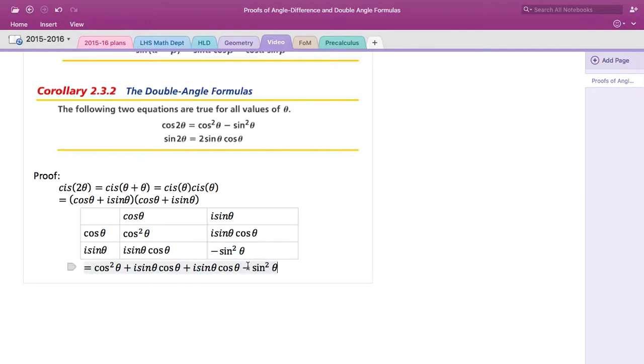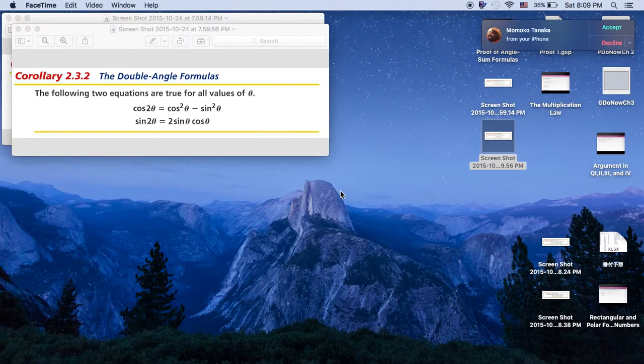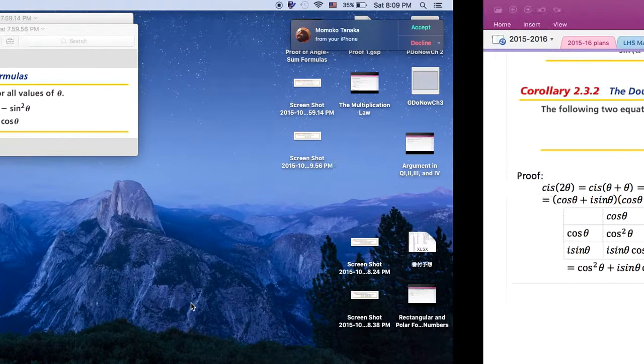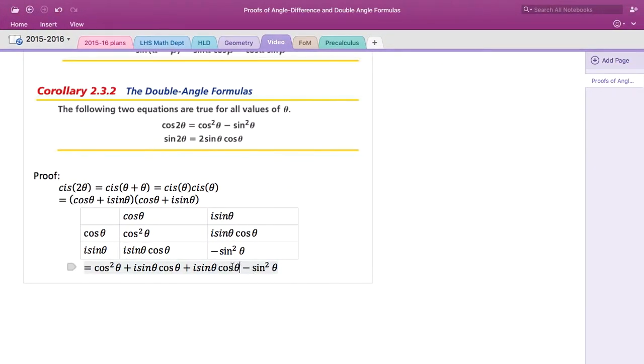So we'll get this guy. This guy is exactly the same as I sine theta cosine theta. These are exactly the same, so we have two of these. So we have 2 of sine theta cosine theta, using the distributive property backwards to combine like terms.